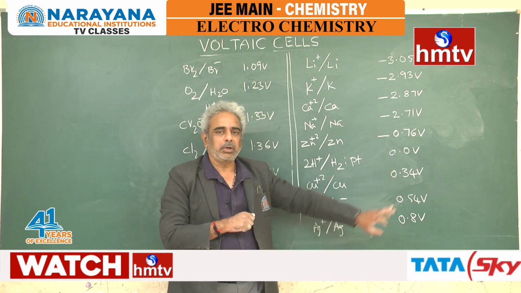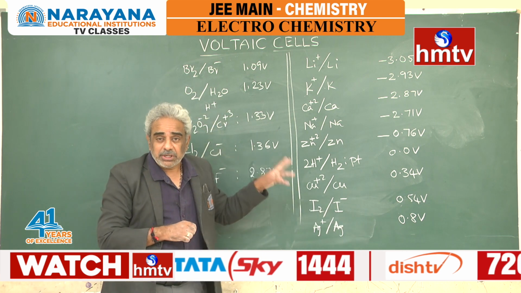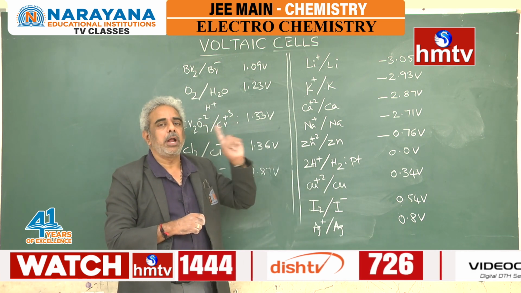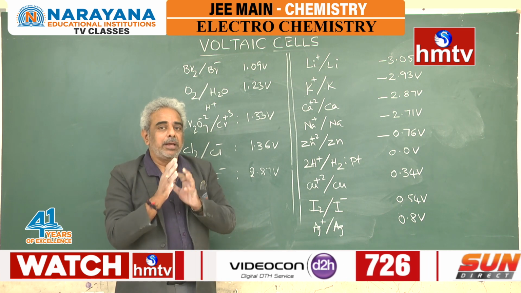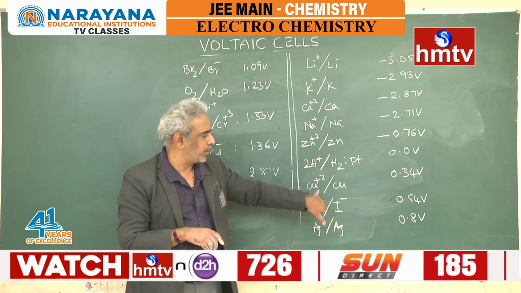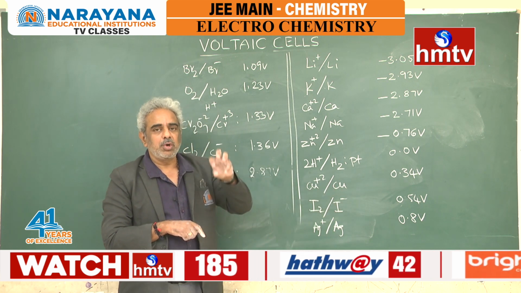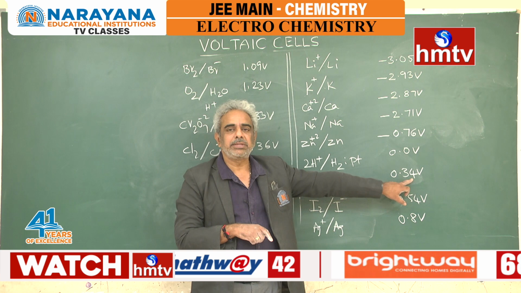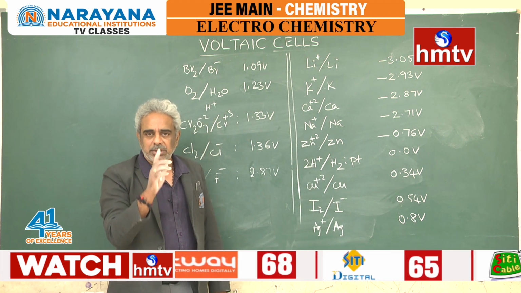After the hydrogen electrode, the potentials are positive, and the potentials shown in this table are SRP values, standard reduction potential. Copper plus 2 is becoming copper. For this, the potential is 0.34 volts with reference to the standard hydrogen electrode.